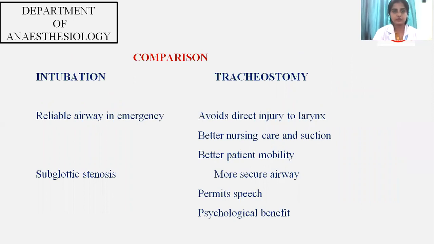Comparing the two, intubation will provide a reliable airway in cases of emergency and subglottic stenosis. When we carry out tracheostomy, the advantages are it avoids direct injury to the larynx, there will be better nursing care and suction, better patient mobility, more secure airway, it permits speech, and there is psychological benefit to the patient.